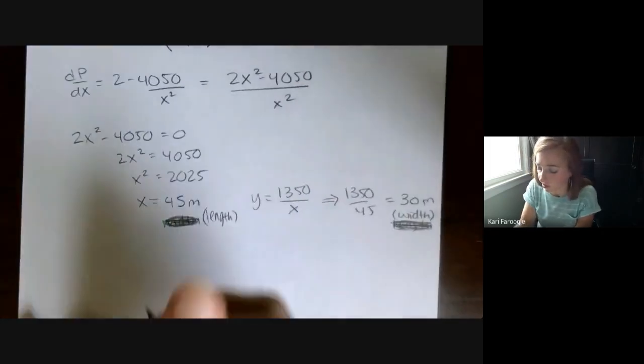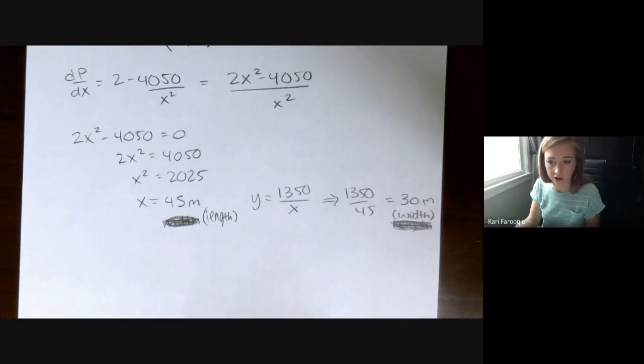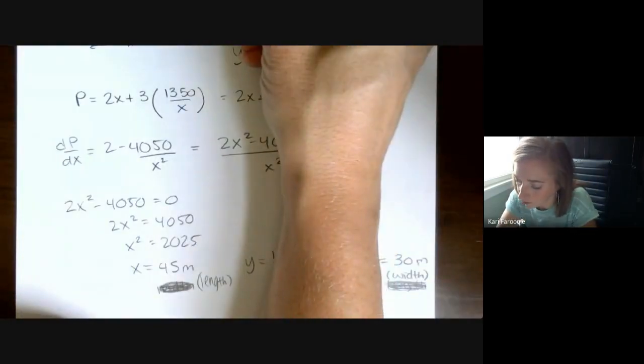You're right though that we technically should have been verifying that we had a minimum. I didn't even think to do that because I was just going for finding your answers here in this case. But if you were actually looking for maximizing the perimeter, that would probably occur at an endpoint in the interval, and your interval would have to just include values that would be possible for the amount of fencing on the perimeter.